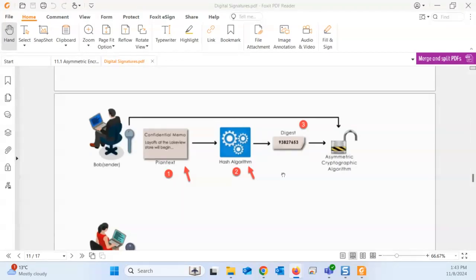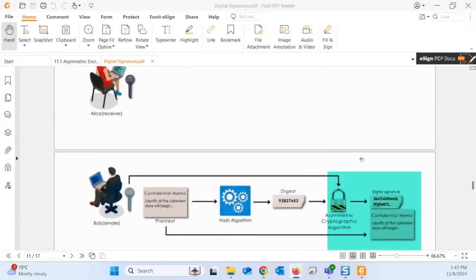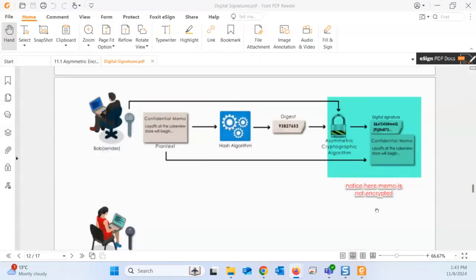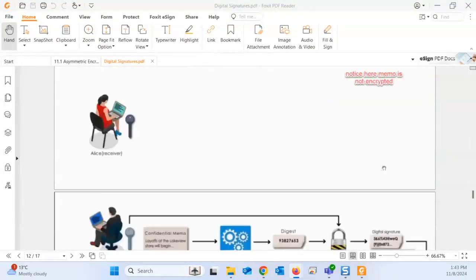He has written the message, he has hashed it, generated the digest, and then used his private key to encrypt that. So notice that the memo is not encrypted here. You can see there's a digital signature generated, for which part? Only for the digest. I just highlighted it green, and you can see the message that he wanted to send is still the same.